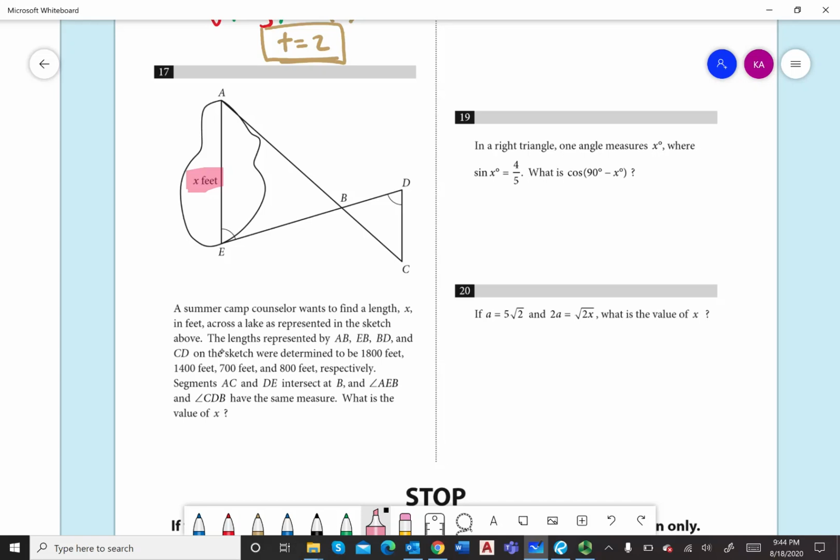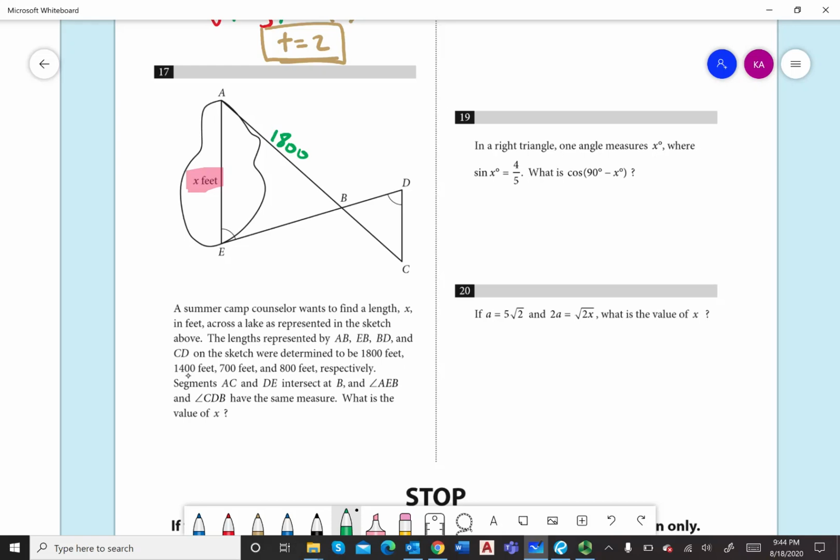So it says the lengths represented by AB, EB, BD, and CD on the sketch were determined to be 1800 feet, right? So AB is 1800 feet. So I'm going to write those on the sketch. I'm going to be careful so I don't make mistakes. So AB is here, so 1800.